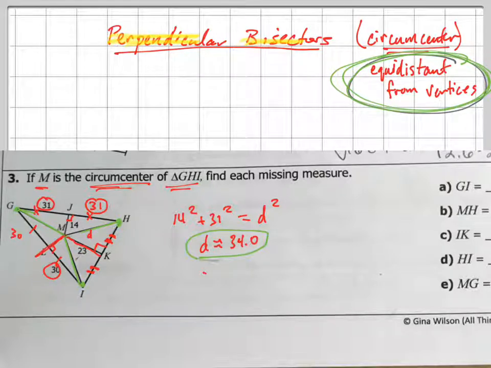And then you can work backward to find the other lines, because if this is 34, for example, right here, that's a right angle. You know that 34 squared equals 23 squared plus whatever, we'll call that x, x squared.